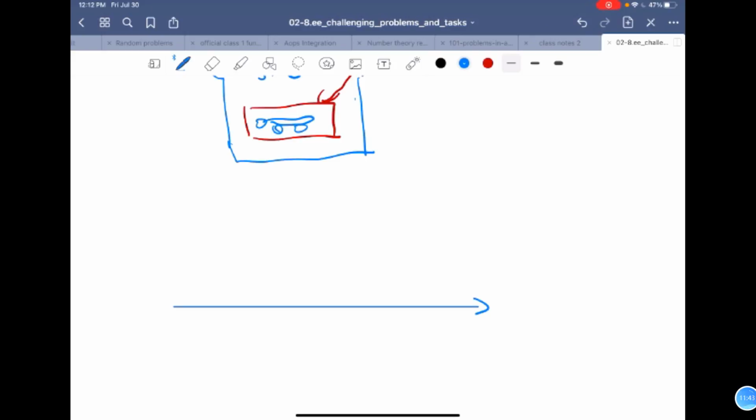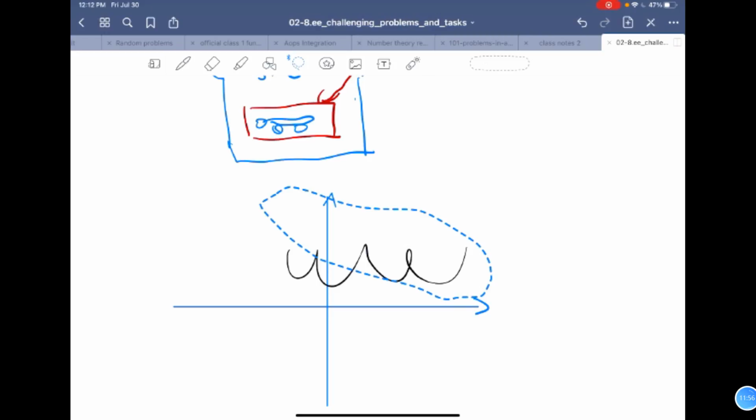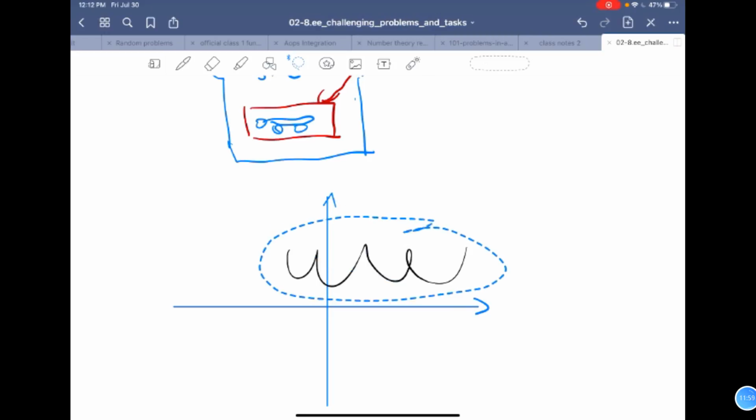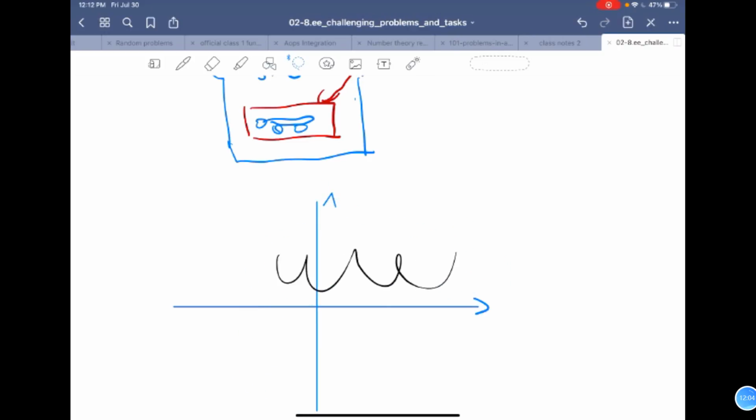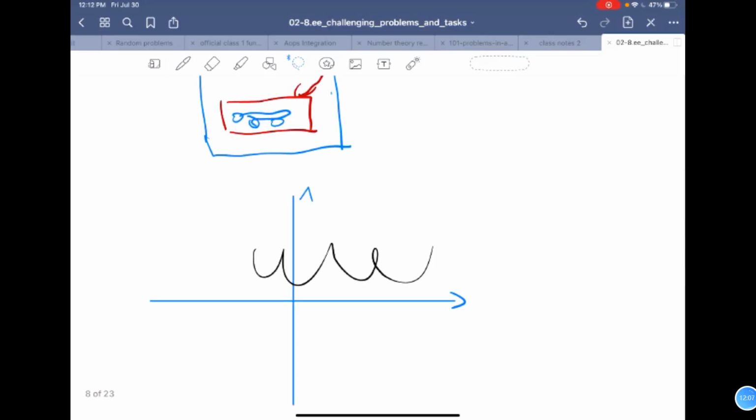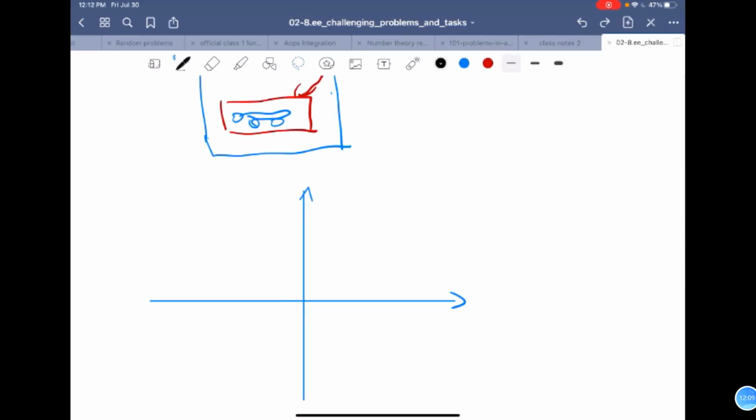So here's a graph, say. Here's a graph like that. That's the axis, the plane. Say that's a graph of function g(x).